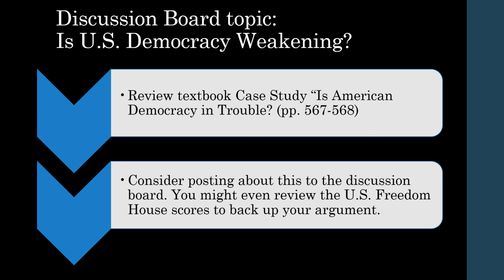So if you want to know more about that, you can always read the country report for the United States from Freedom House using the way I told you to get to the view report in the previous slide. But definitely read that textbook case study and then think about posting something about it on the discussion board. What do you think? Do you think American democracy is in trouble or not? There's actually good evidence kind of on both sides in that reading.